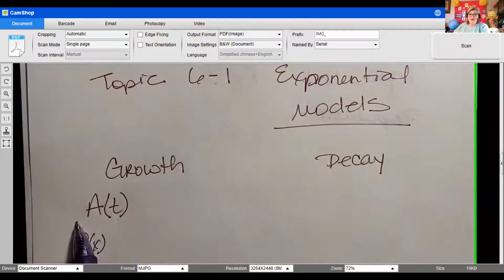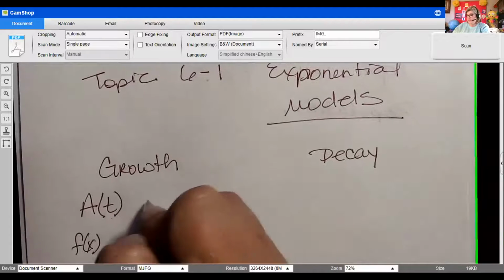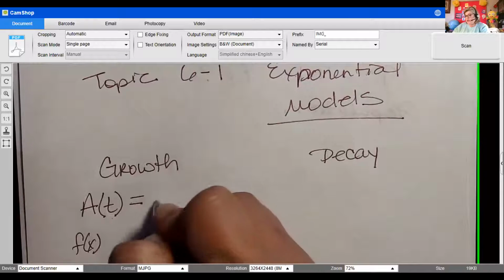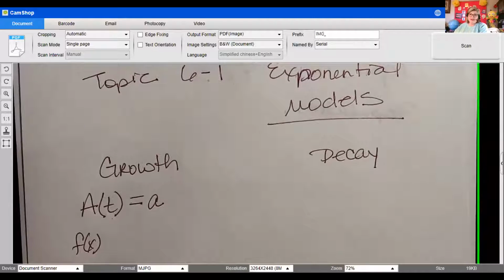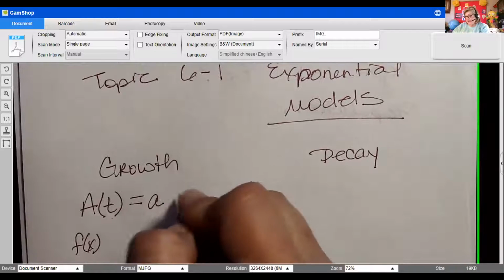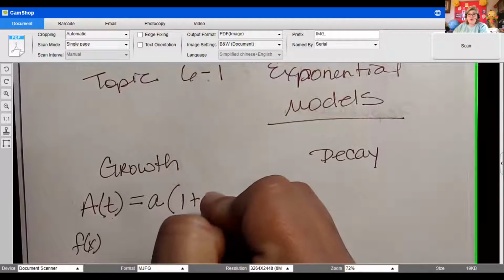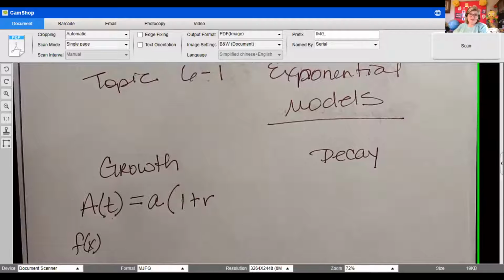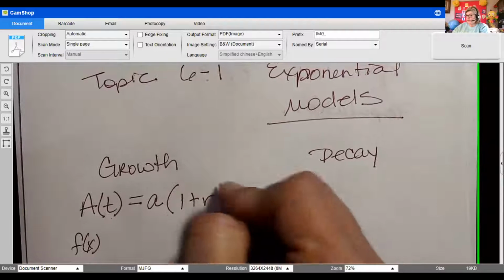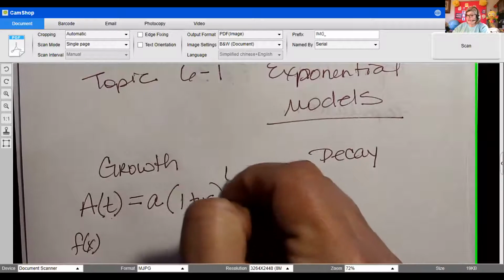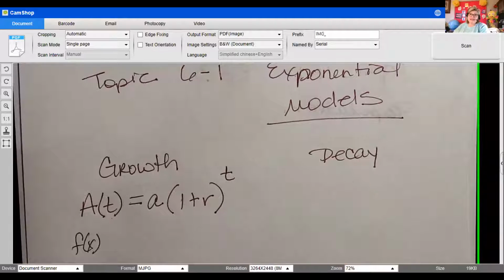It's just the amount at any given time is equal to the initial amount, small a, times 1 plus the rate of growth. That's what that R stands for. Close parentheses, all raised to the t, which is whatever your time period is.